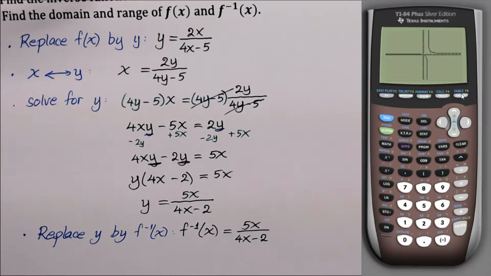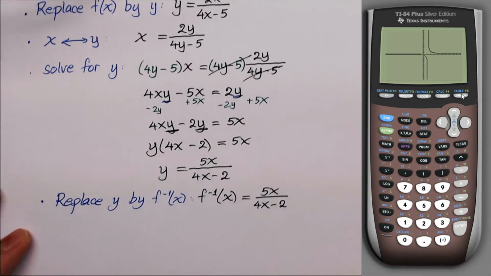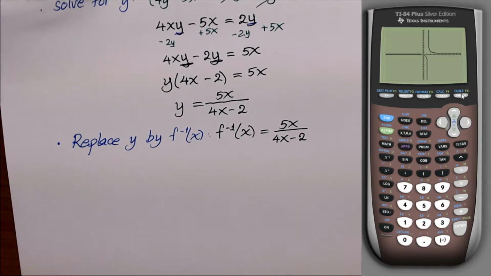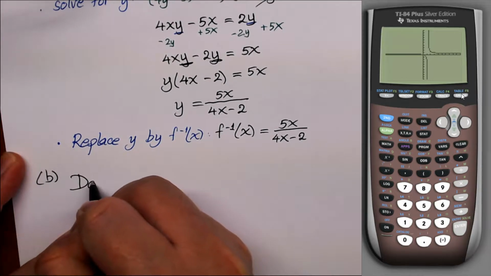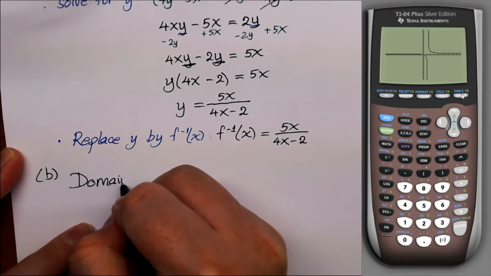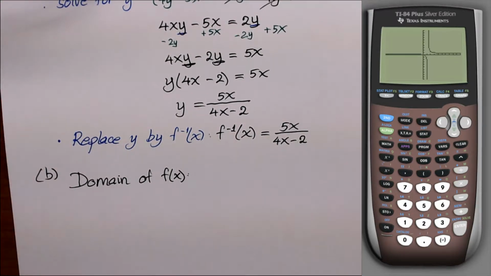We will graph the inverse later, but now since we see that, we should write the domain and range. As we see on the graph, the domain of x values will be all real numbers except where there is the vertical asymptote. We can see that the vertical asymptote is where x equals 5/4.